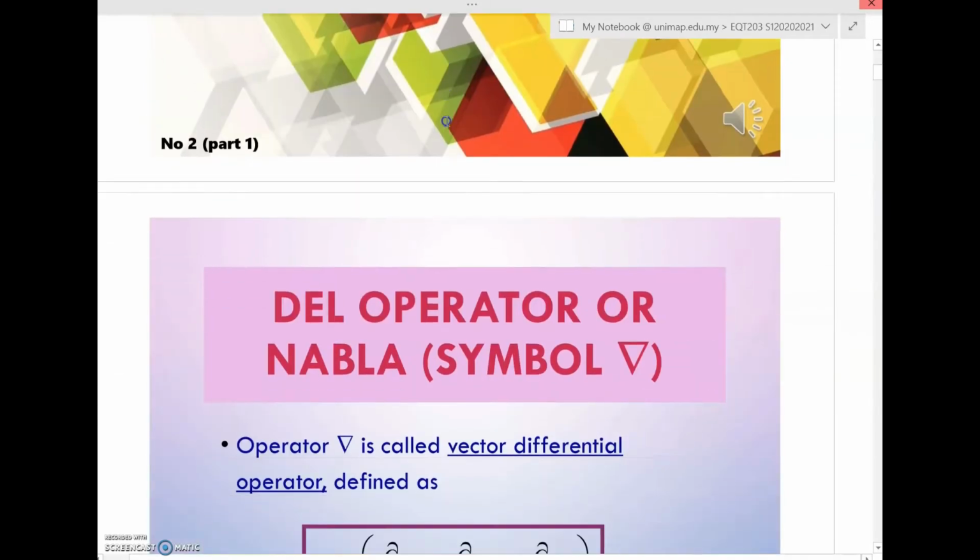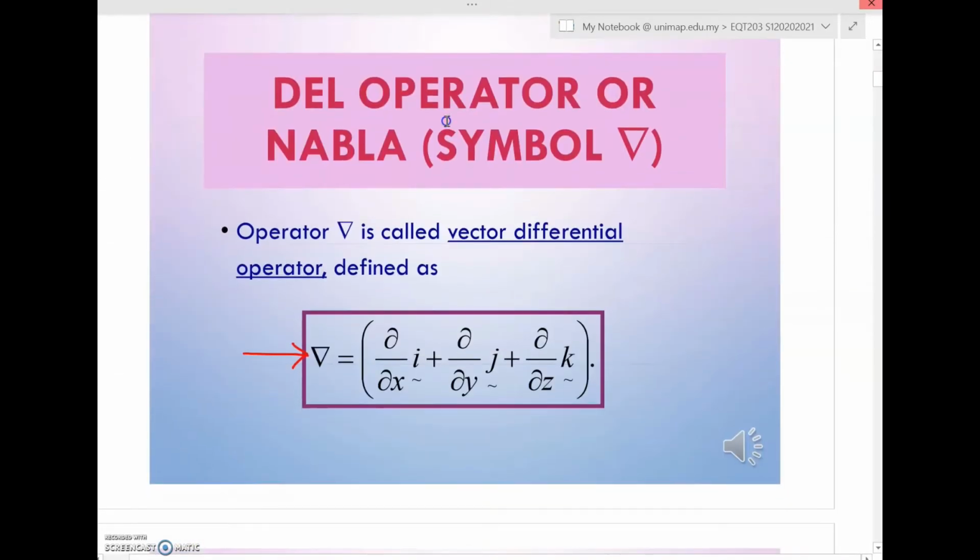Alright, so the del operator can be written like this, and this del is actually in the form of del x of component i, del y of component j, and del z of component k.